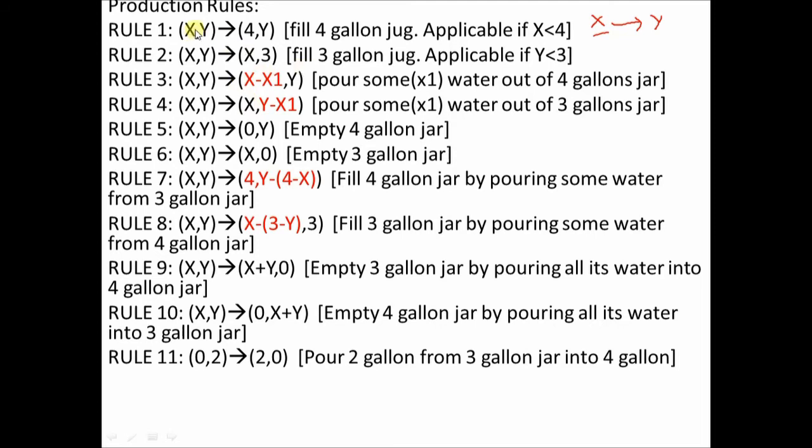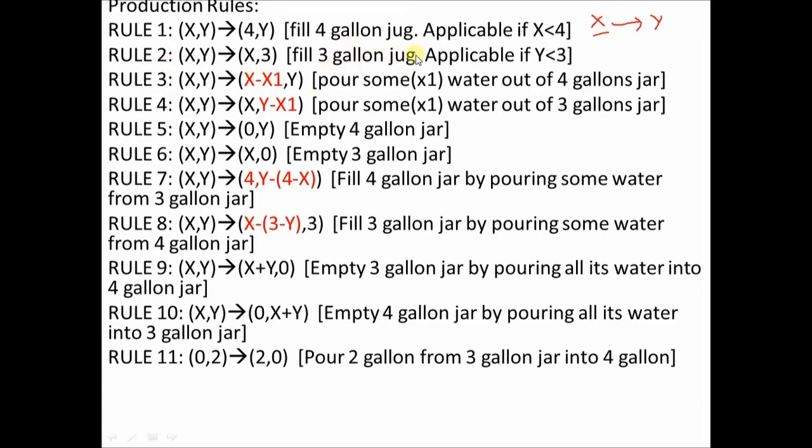So after applying this rule, X, which is the representative of the 4 gallon jar, will contain the value 4. That means it is filled to its fullest capacity, and Y may have any value and remains the same. Similarly, rule 2 is applicable when the 3 gallon jar is to be filled to its fullest capacity.